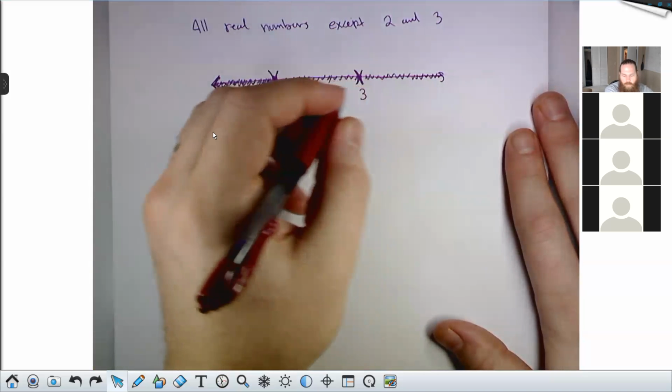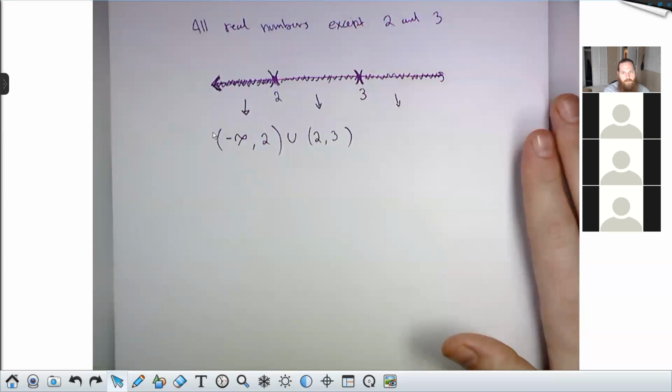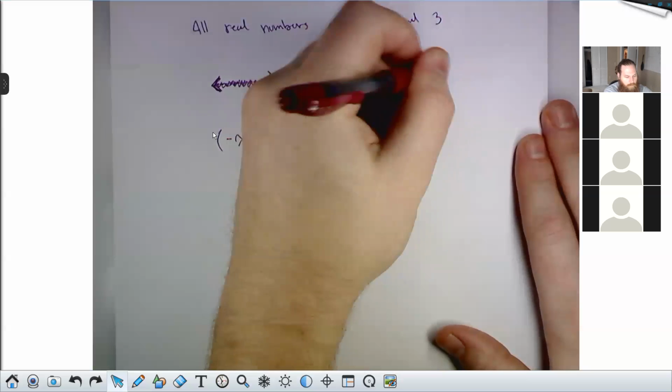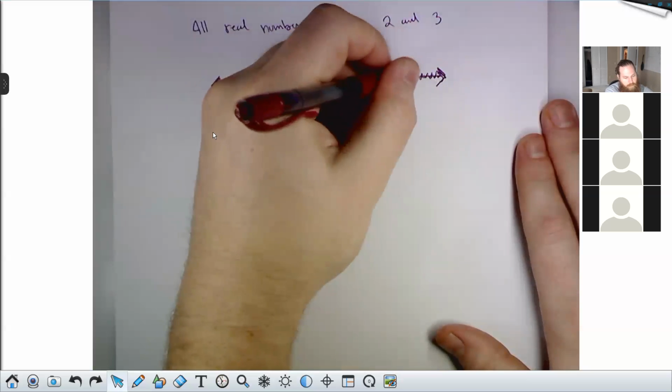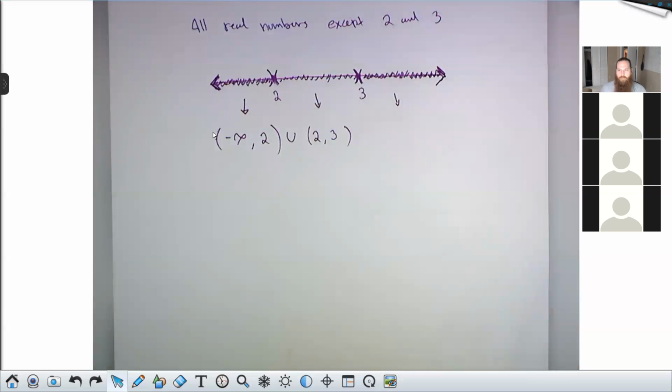And then maybe William, how would I write this set on the far right? Everything that is to the right of 3 here. How would I express that in interval notation? Oh, William, are you there?